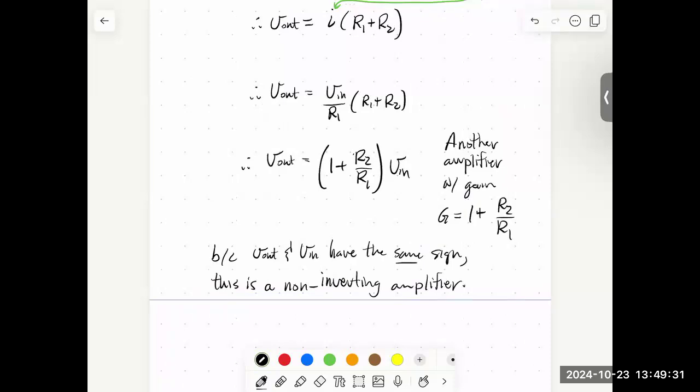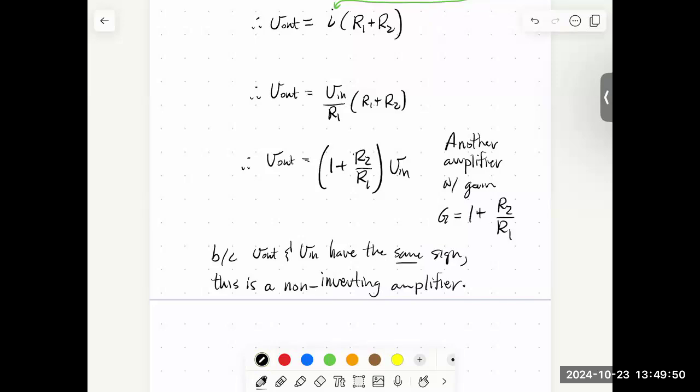What's the smallest possible gain I could have with this circuit? What's the smallest number I could make out of 1 plus R2 over R1? 1, right? I could make R2 0, and I could make R1 go to infinity, and I get a gain of 1.